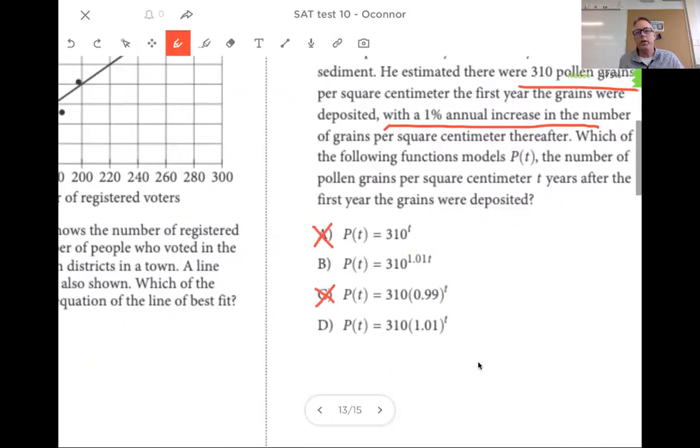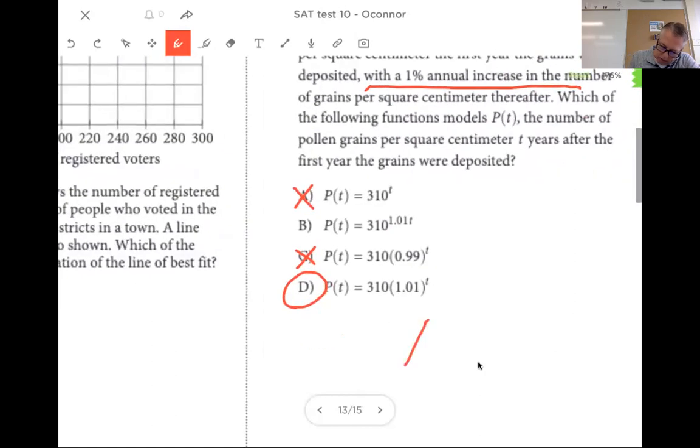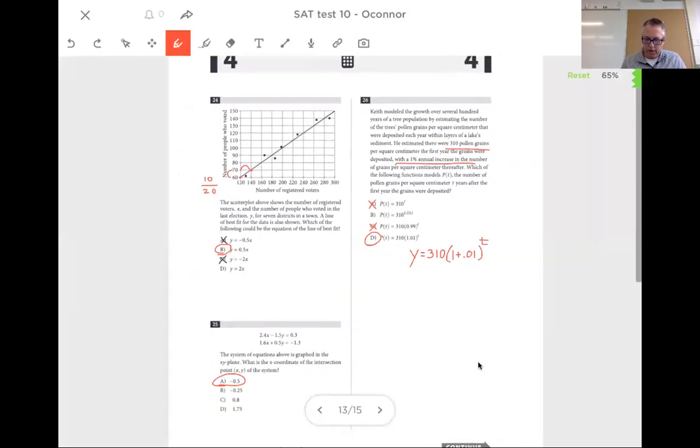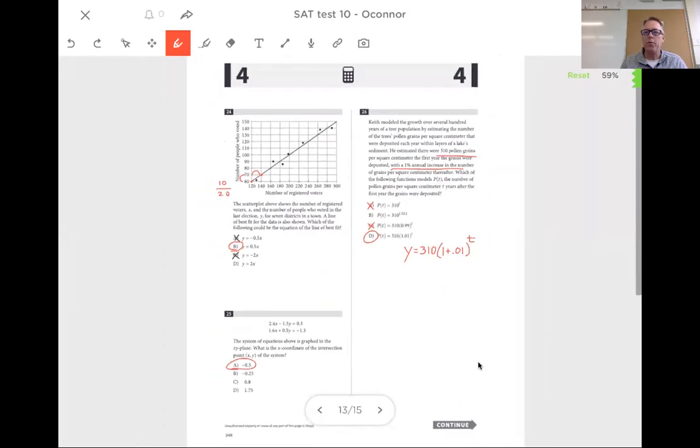So I boiled it down to B and D. And the answer is D, because our equation is our initial amount is 310, and we have our original plus 1%. That's the equation that we came up with, and we're going to do much more of that today. But that answer is D. Any questions on that slide before I go to the next one?